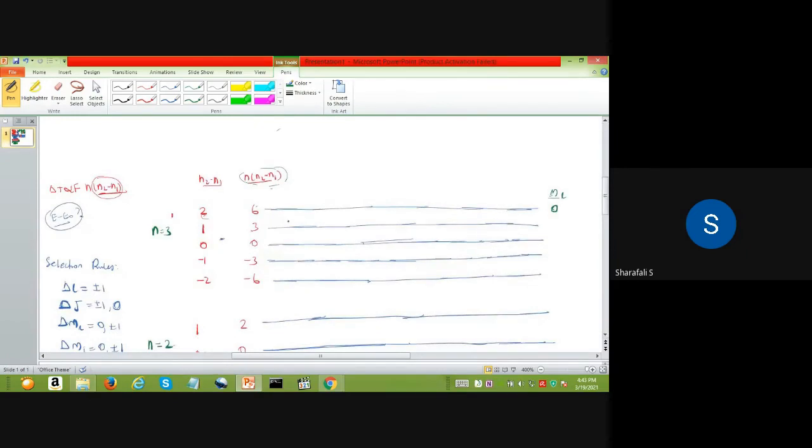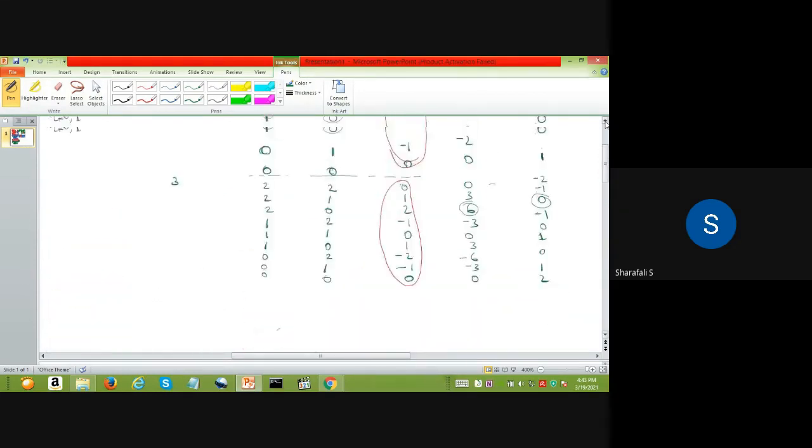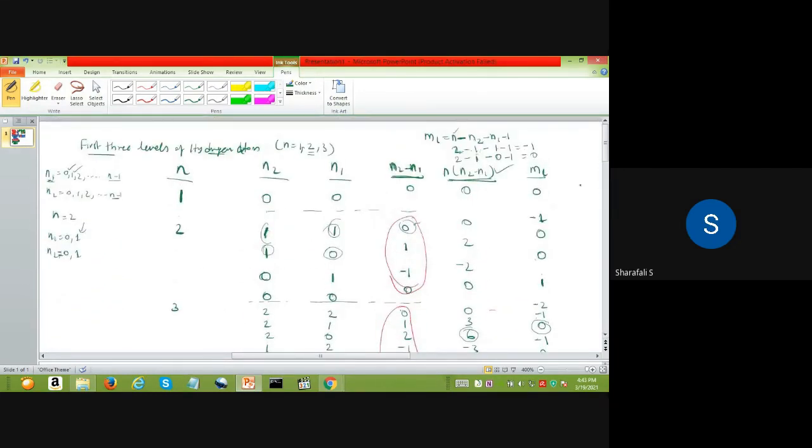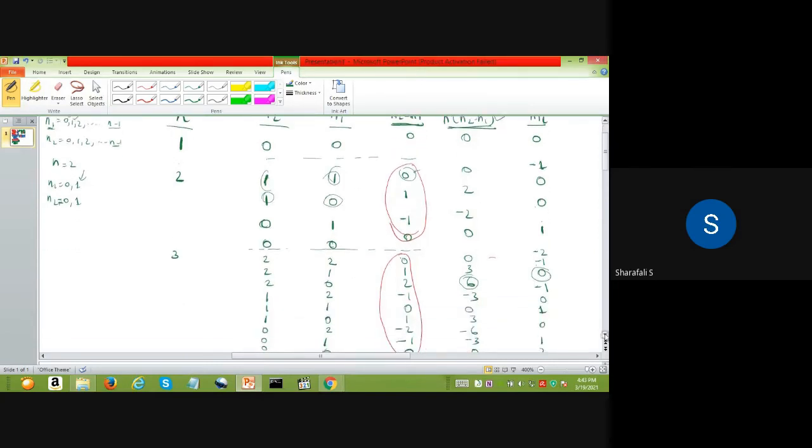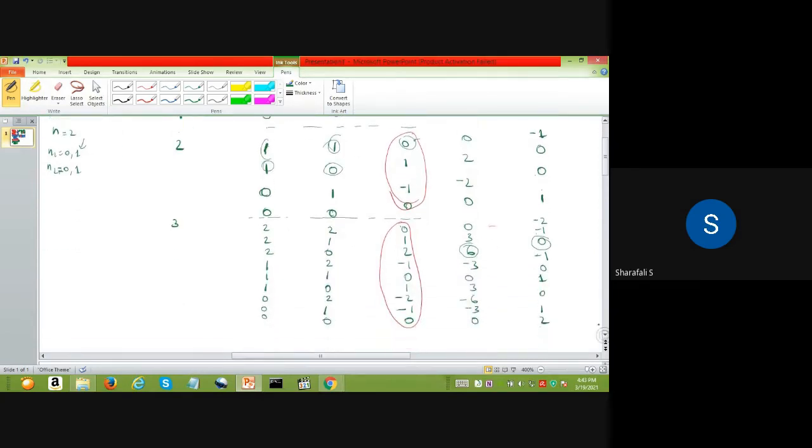And if you take this n into n2 minus n1 as 3, what will be that ML value? Consider here, n into n2 minus n1 equal to 3 here. So it can have value minus 1, but there is another 3 here, so it can also have value 1.